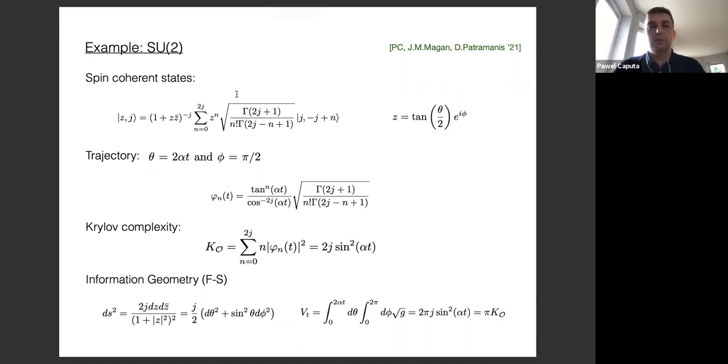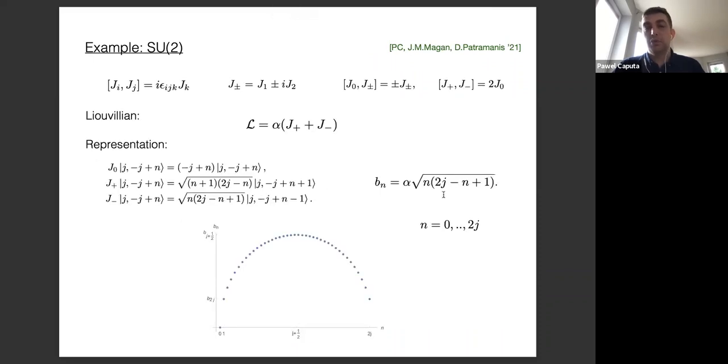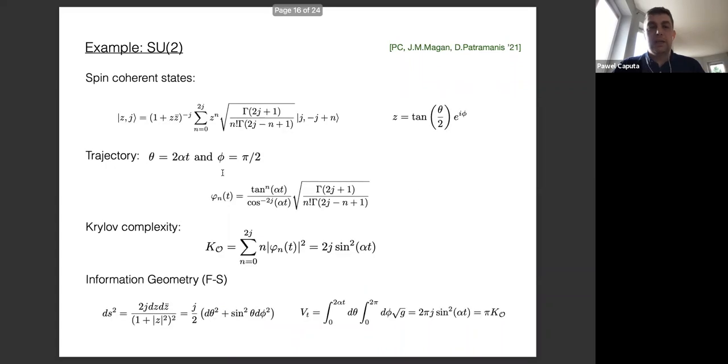So for this Duvelian, we can write down coherent states and find the solution. Once we have these bn's, we can plug them into the Schrödinger equation and solve it, and find the amplitudes in the expansion of the operator in this basis. This is nothing but the trajectory in the phase space of spin coherent states, given by theta equal to alpha t, and at the particular angle phi equal to pi over 2.